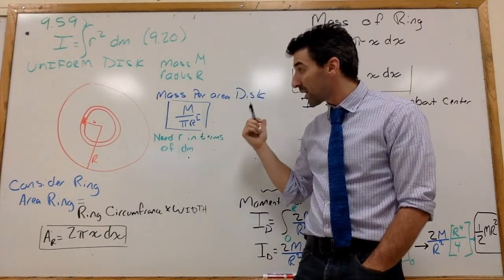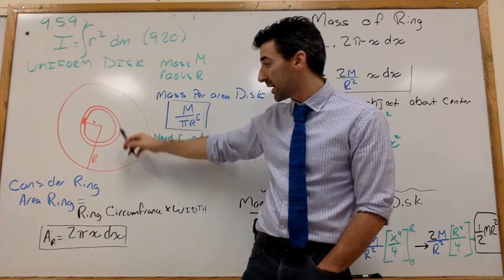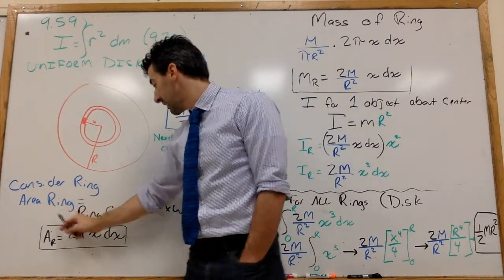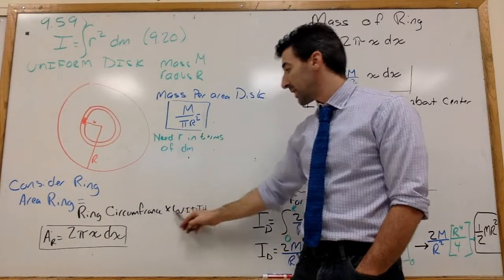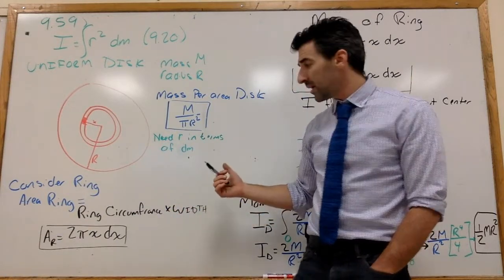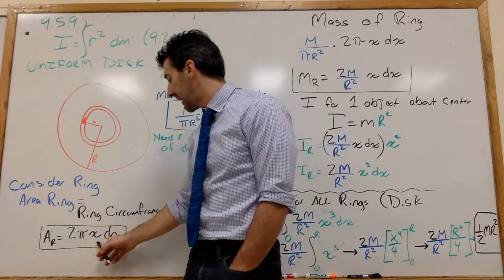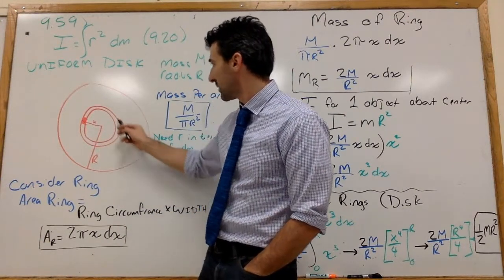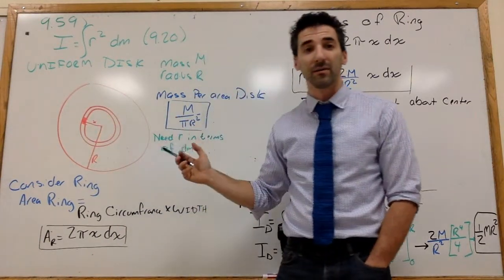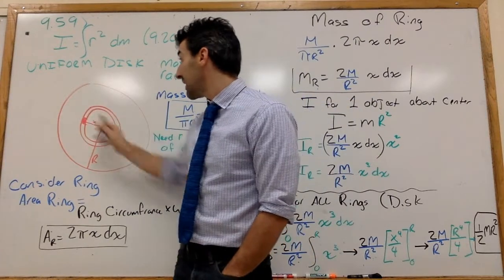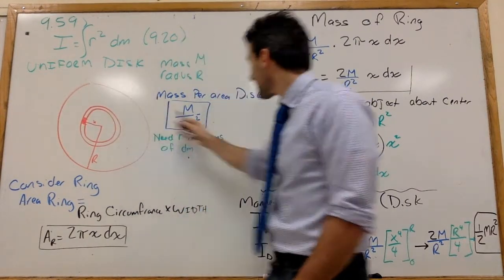So the first thing I want to know is the area of my ring, which is going to be the ring circumference times its width. So the area of that ring is just going to be 2 pi x times dx, however many small dx I have to get that entire area of the ring. I can set that at any point in this disk.